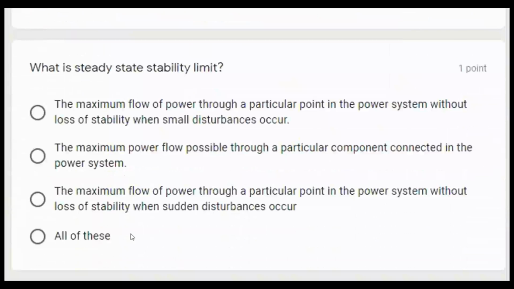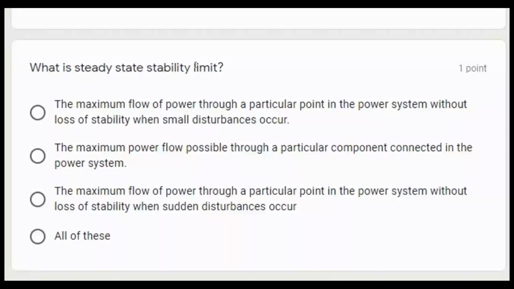Then question number 25, which is the steady state stability limit. Steady state stability is the ability of the power system to remain in synchronism after being subjected to some disturbance. The power system is stable within this equilibrium condition.